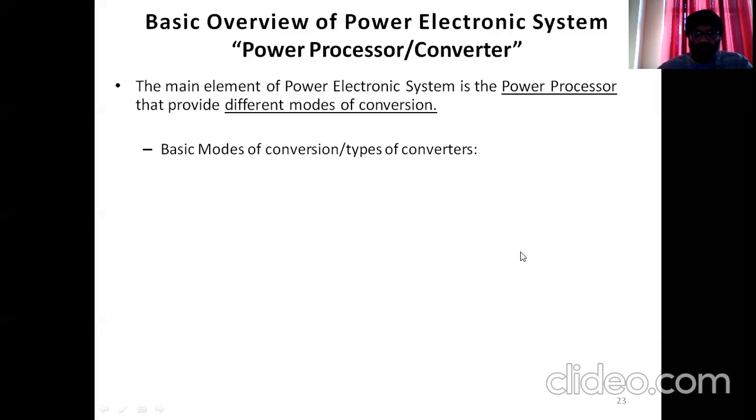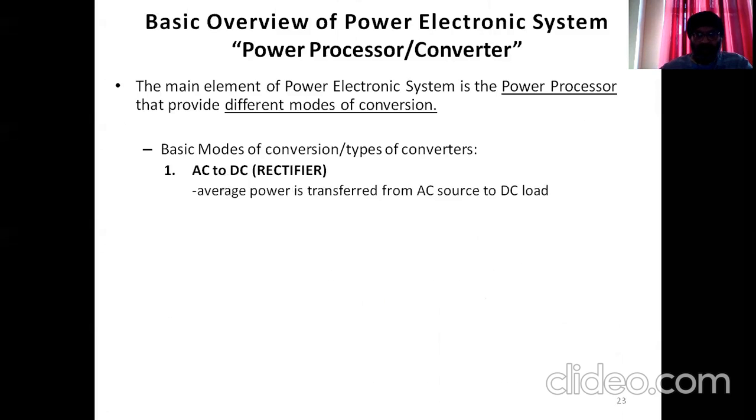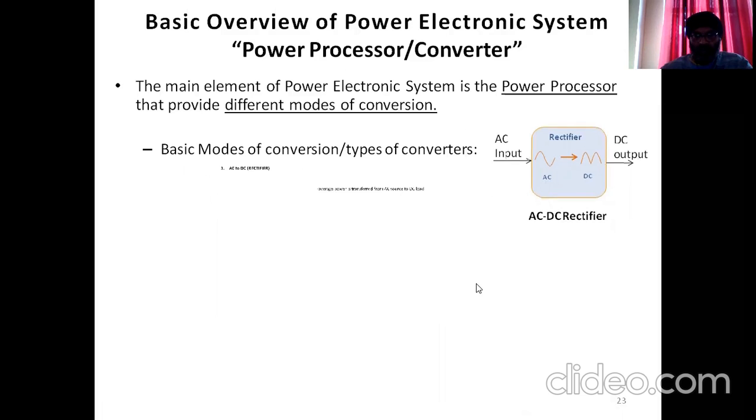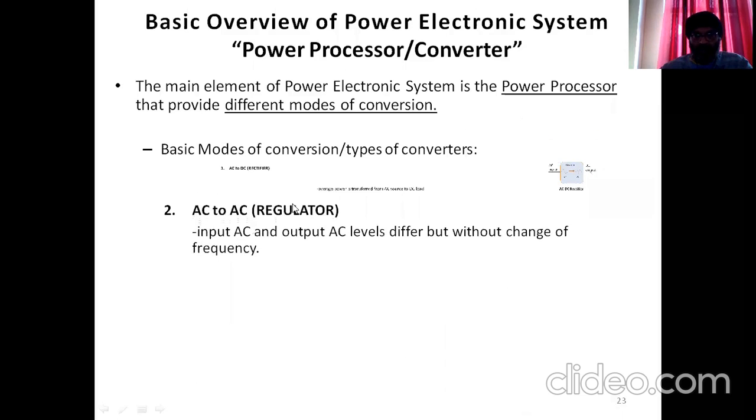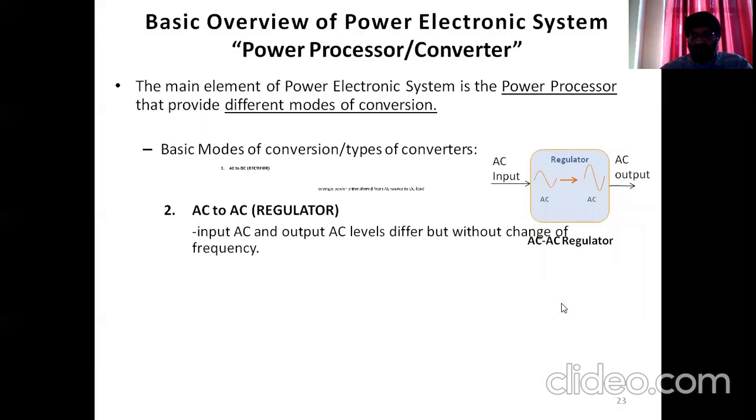These are also called different modes of conversion. One is AC to DC, which is also called a rectifier. So input is AC, output is DC. Another one is AC to AC. At input we have AC, at output we have a varied or changed AC, changed in magnitude or frequency or phase. We call it a regulator, just like a fan regulator.